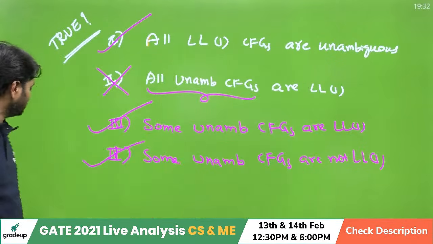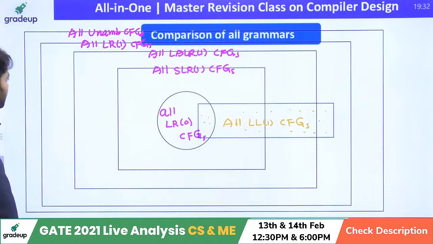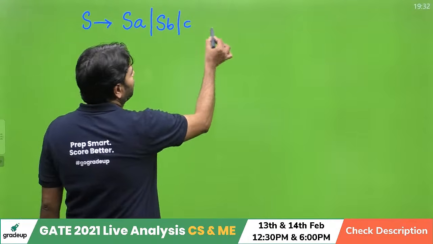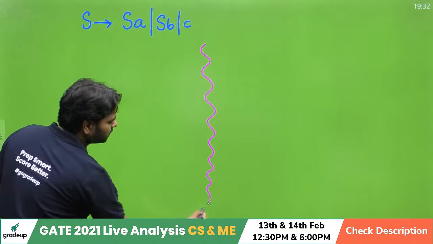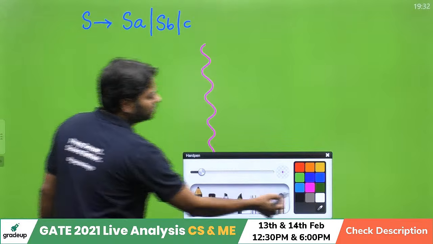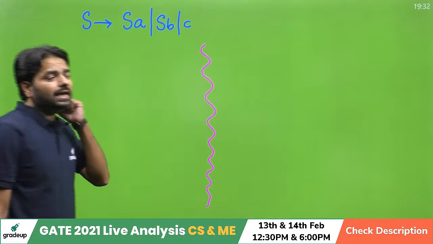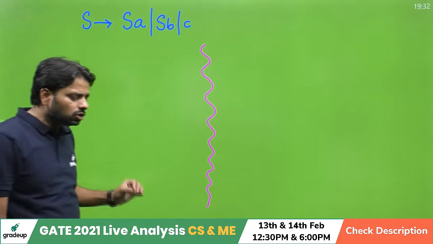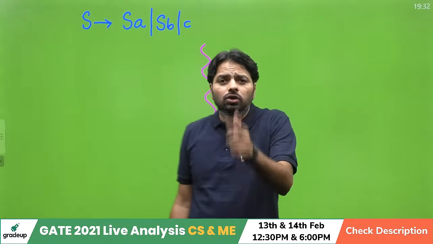All in one session. Okay, where is that example? This one. We have two things to talk about. In the exam, the options will decide how to check this grammar. Are you going to draw the LR0 diagram or the LR1 diagram?